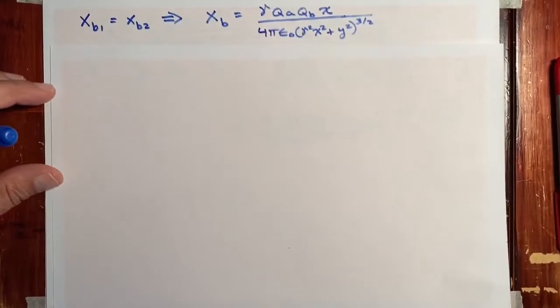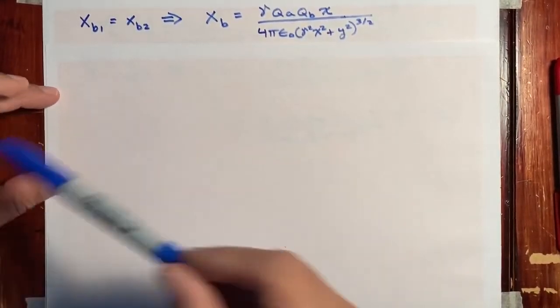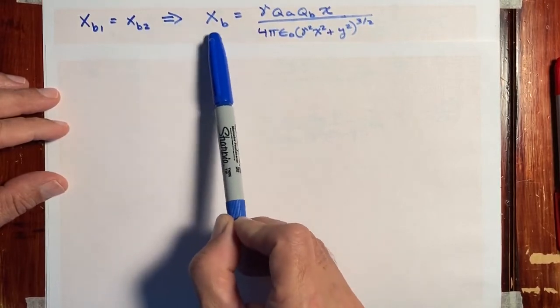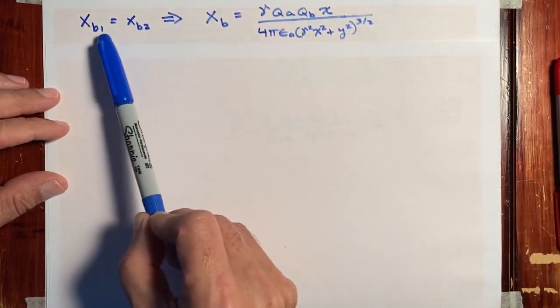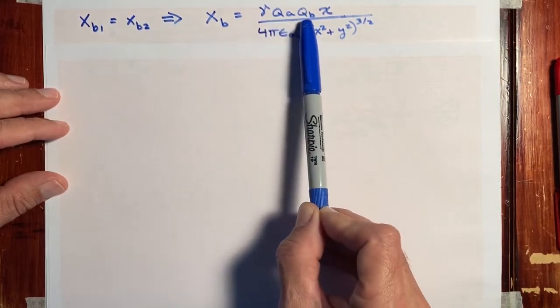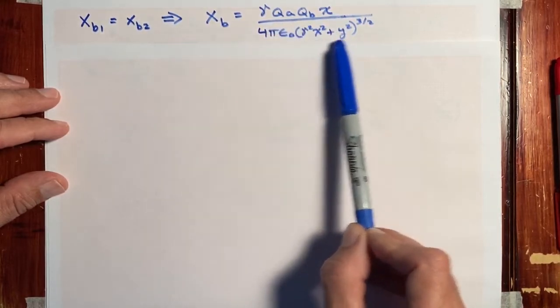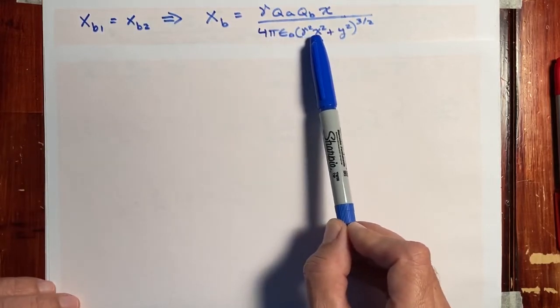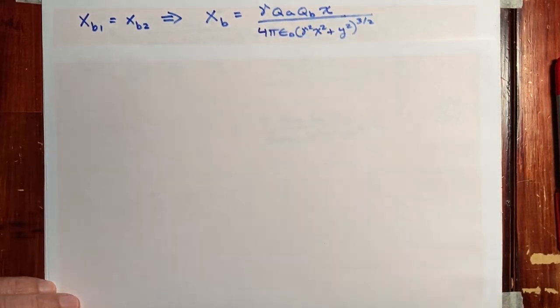First of all, we write x sub B1 equals x sub B2, which after we drop off the 1 subscript becomes x sub B is equal to gamma times Q_A Q_B little x over our traditional denominator, 4 pi epsilon naught times gamma squared x squared plus y squared to the 3/2.